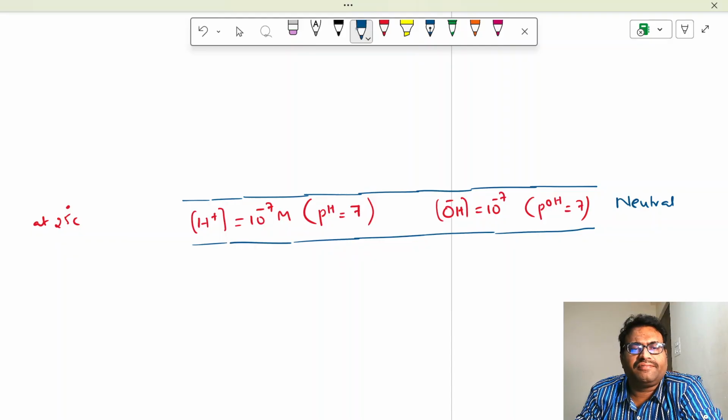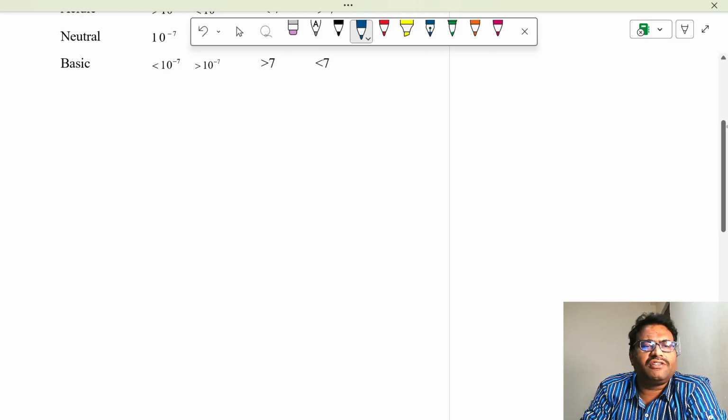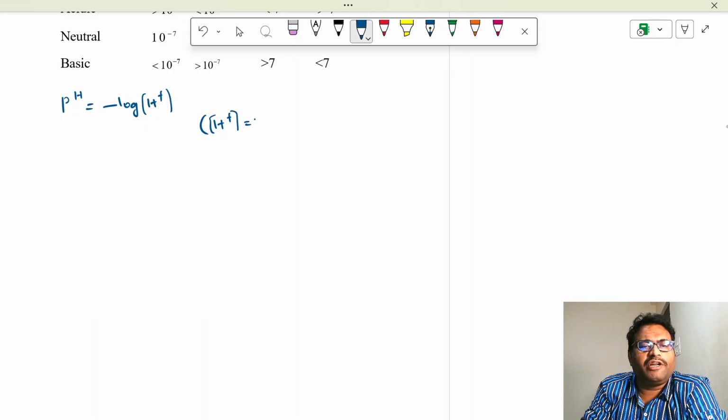Now we have studied how to find pH. pH is equal to minus log H plus ion concentration. Now take H plus ion concentration equal to 10 power minus 7 moles per liter.